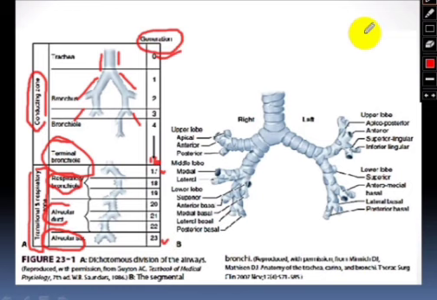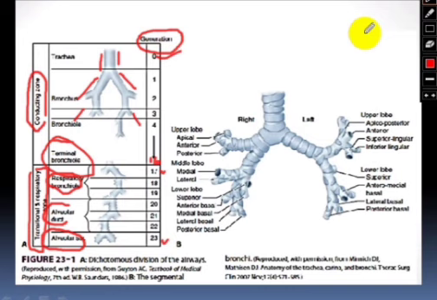So what I'm saying is the trachea will subdivide into two branches known as what? The right and the left bronchi. Bronchi is for plural.